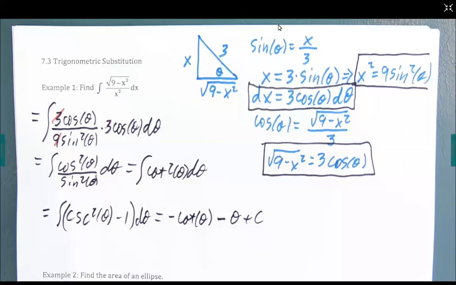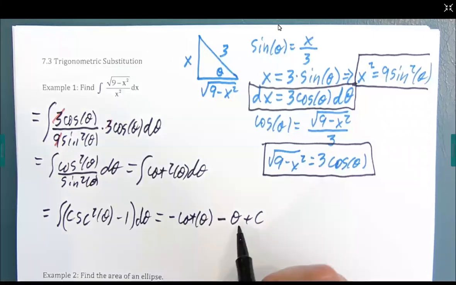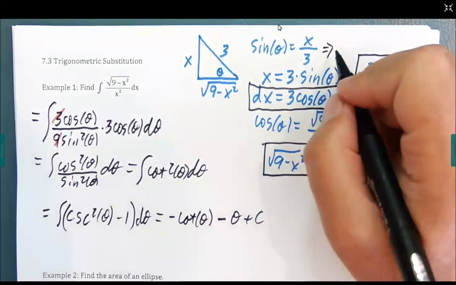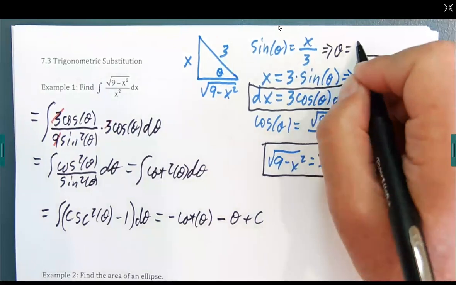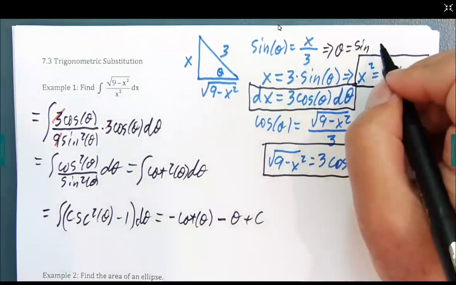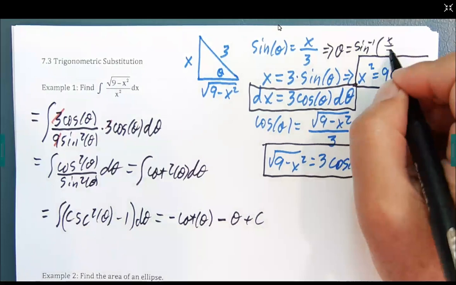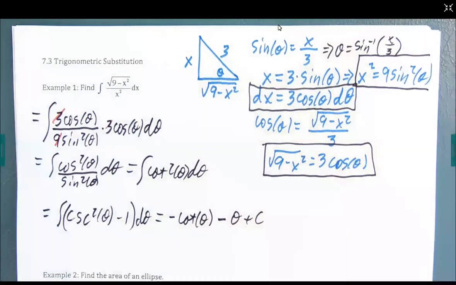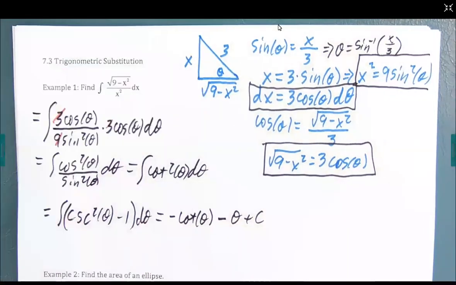And what I'm going to do for the theta by itself, I'm going to transform this into theta is inverse sine of x over 3. Cotangent, I'm going to go to the triangle. Cotangent is the adjacent over the opposite.